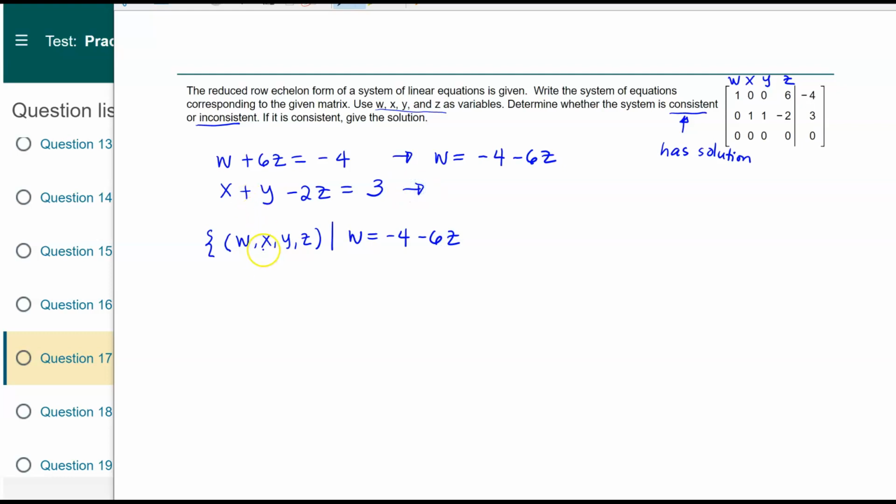Then here you can solve for x. You transpose everything to the other side of the equation: x is equal to -y plus 2z plus 3, where y and z are any real numbers.